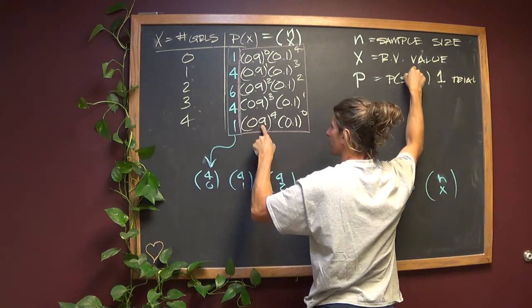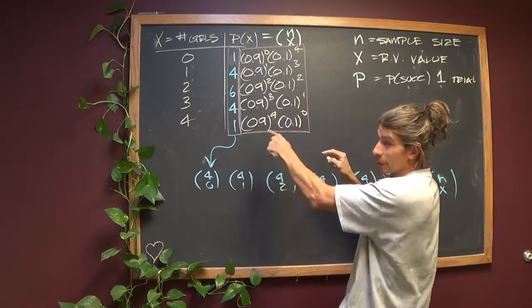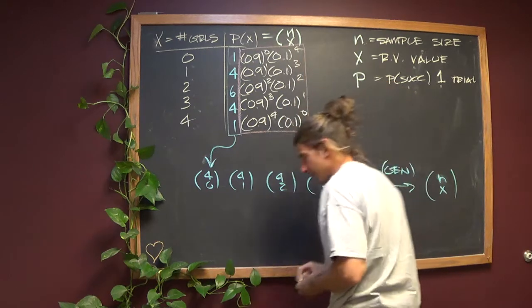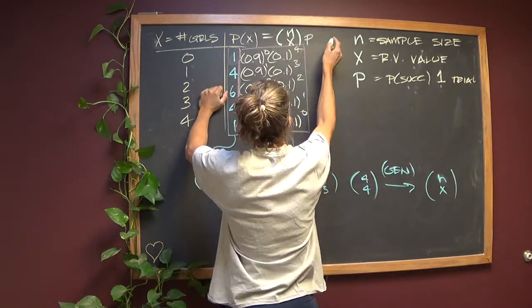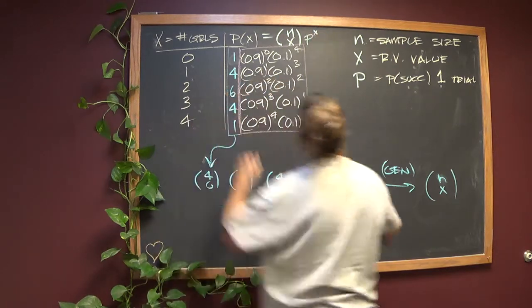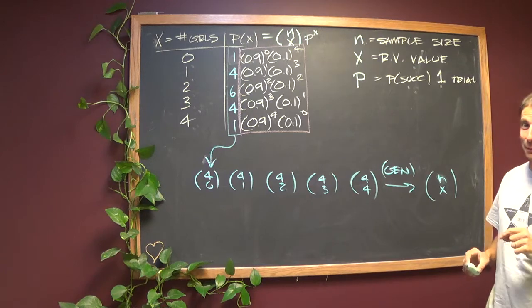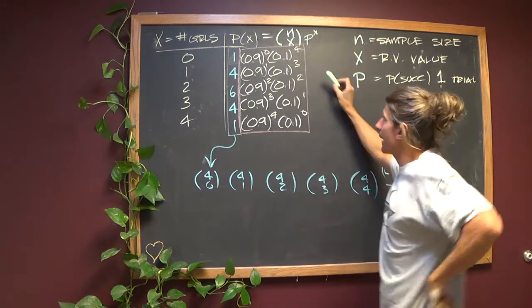And what's this number, 0.9? That's the chance of success on a trial. In this case, it's getting a chicken, but it's however you define success. So it looks to me like the next component of this formula is whatever little p is to the x power. We're getting close. One more factor and we're done. n choose x times p to the x power.